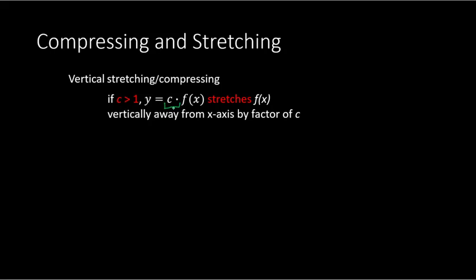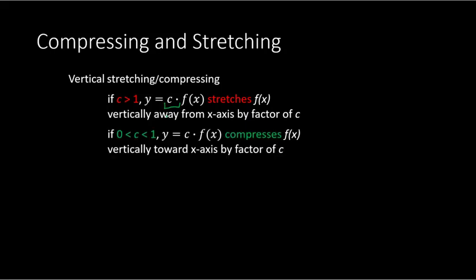If that number is bigger than 1, that's going to stretch it out vertically, so it's going to make it go up higher and down lower. And if the number that you're multiplying by is a fraction, something between 0 and 1, then that's going to compress the graph vertically, making it not go as high or as low.